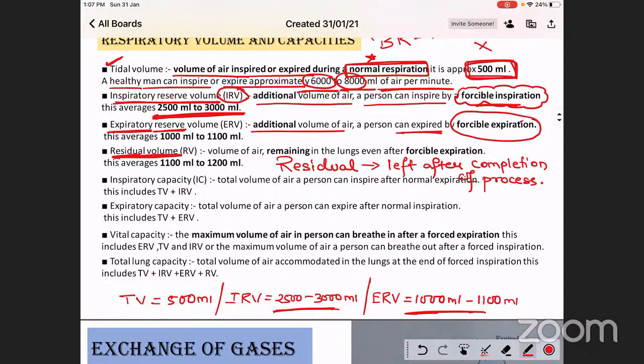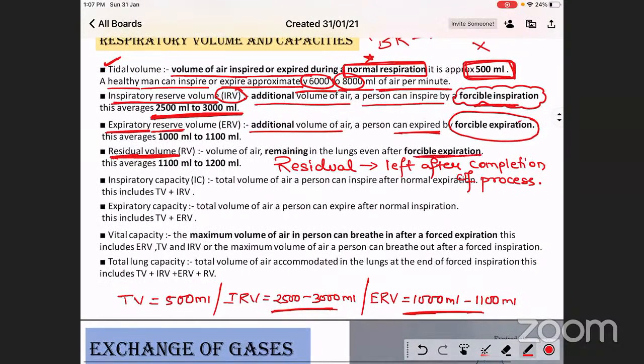So what we are doing, we are taking air like this, and now we are expiring. How are we expiring? We are expiring forcefully. Okay, not the normal expiration. Forceful expiration means we are using our full energy to expire. And then also, if something is left inside your lungs, inside your respiratory tract, that is called the residual volume.